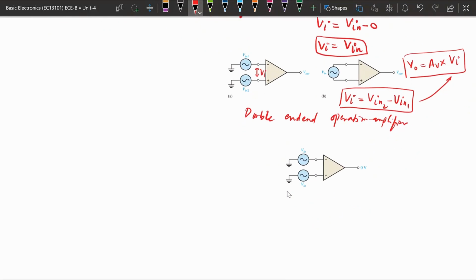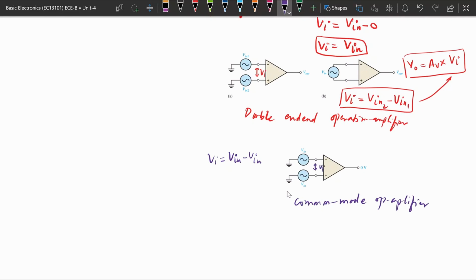Another one is like this one. This is called common mode. Common mode means both the inputs are applied with the same input voltage. So when V input is equal to VIN minus VIN, this is called the common mode. In common mode, the output should be equal to 0 because the V input will be the difference of these two.